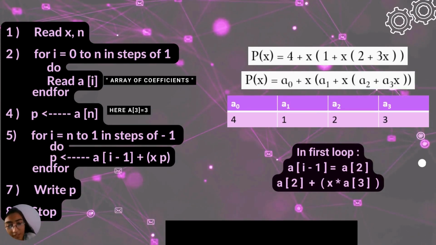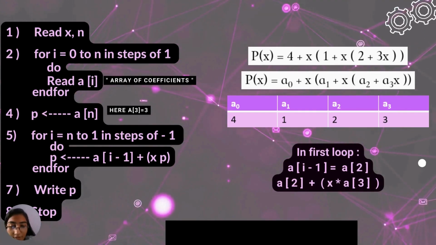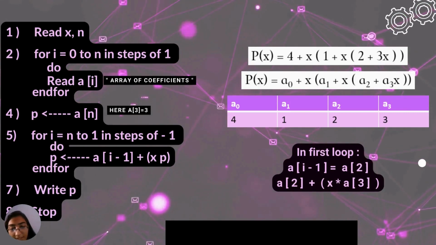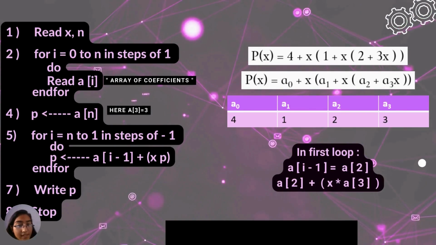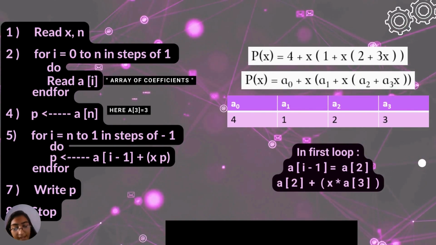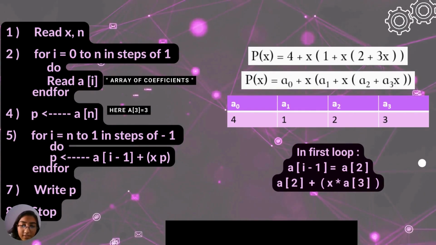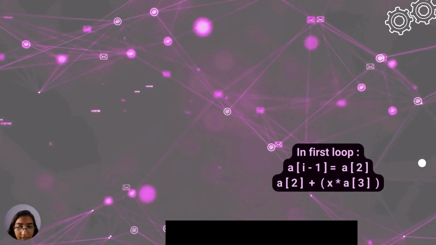So a[i-1] will be equal to a2, and a2 plus x multiplied by p. We already gave the value an, that is a3, to p, so x multiplied by a3, and we have created this term a2 plus a3x.